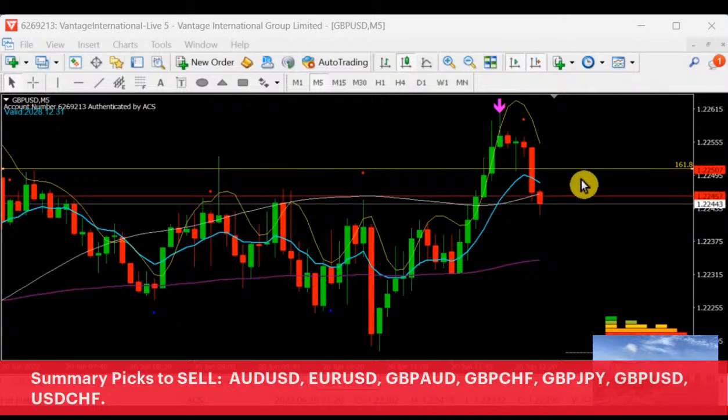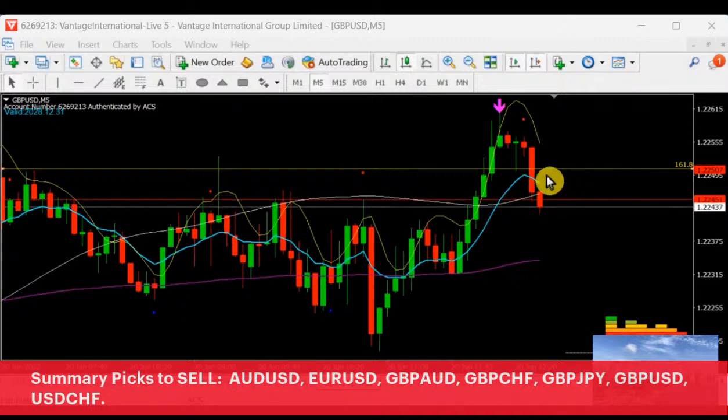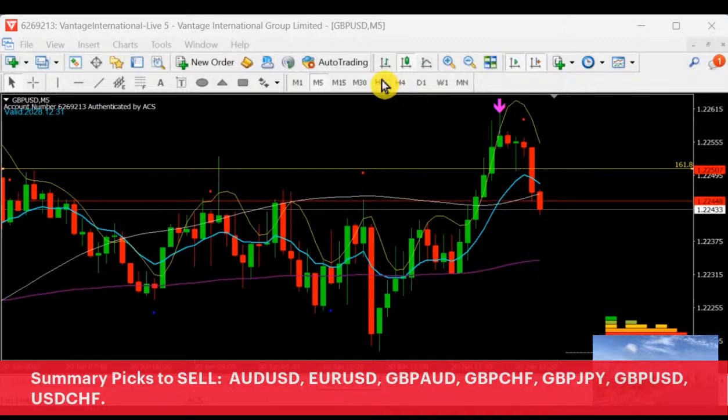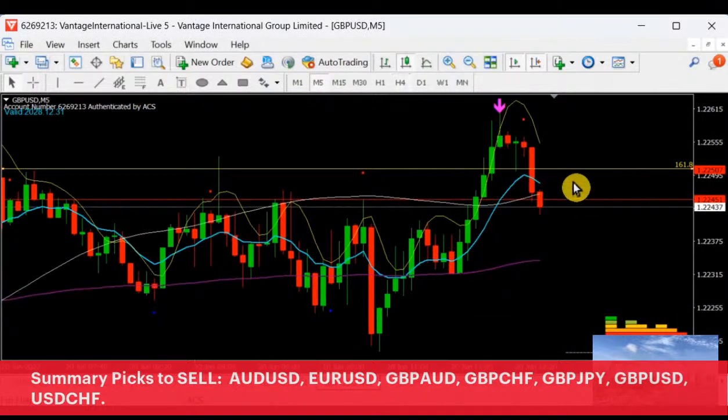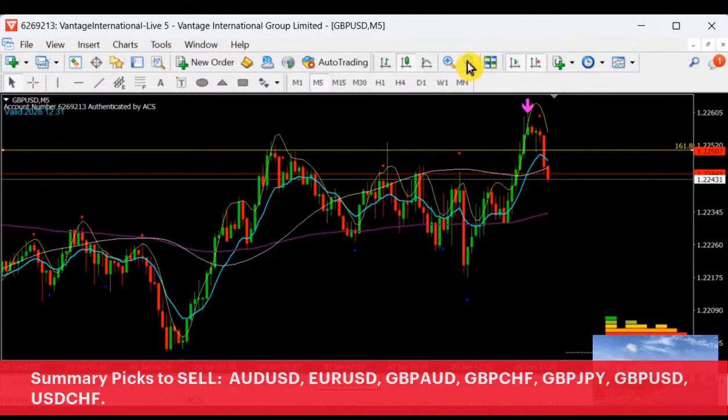Now this part here. Right now, by looking at this, I think it's quite close. Pound dollar, we can take note of pound dollar. It seems like selling is quite possible, but I will want to wait for the retesting first before I take action.